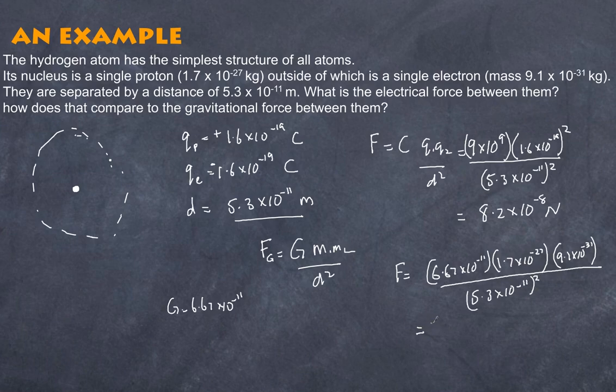When we calculate that out, we get a value of 3.7 by 10 to the power of negative 47 newtons. Now look at the variation between the force due to electrostatic attraction and the force due to gravitation.